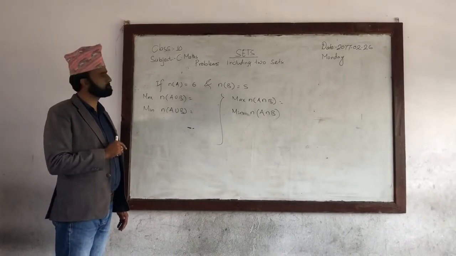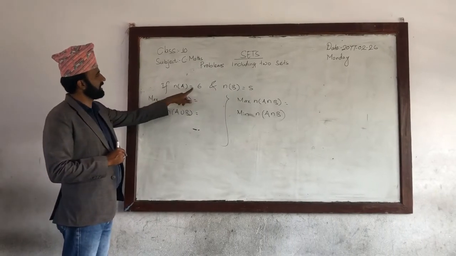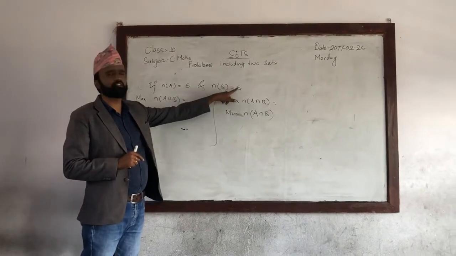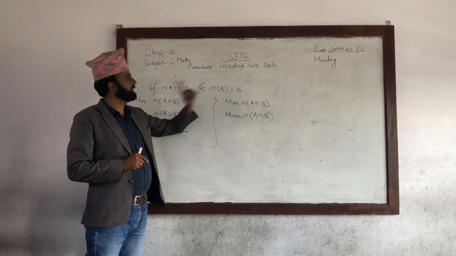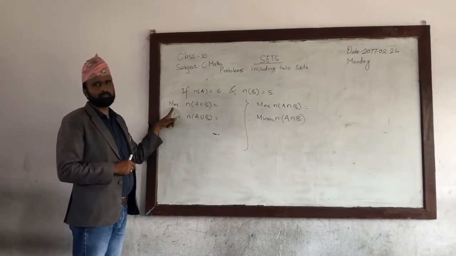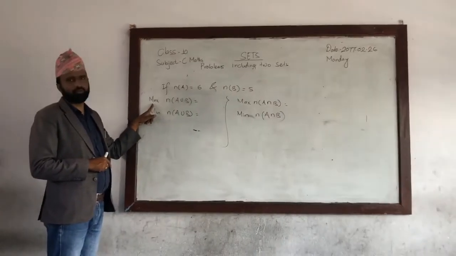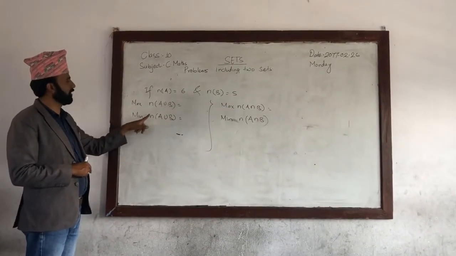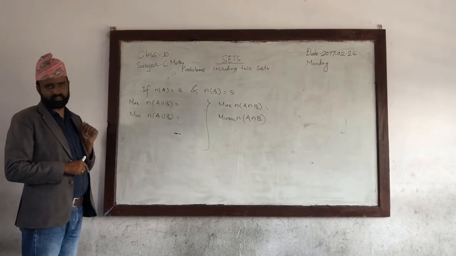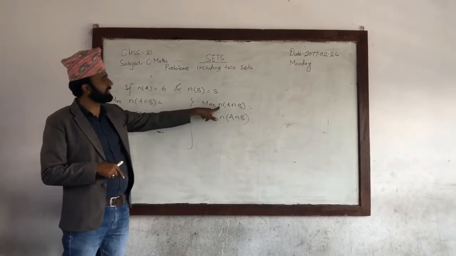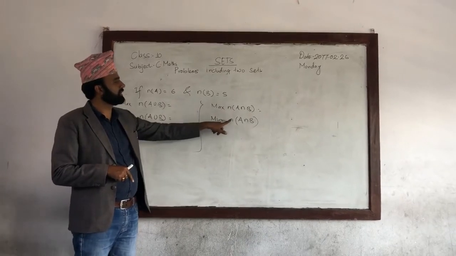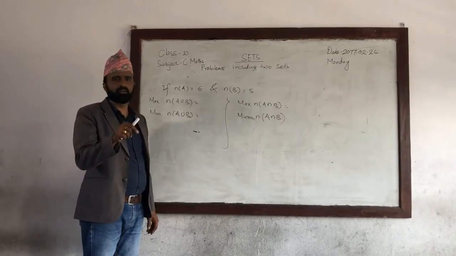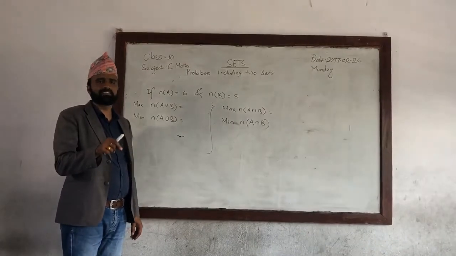If set A contains 6 elements and set B contains 5 elements, what is the maximum value and minimum value of the cardinal number of A union B? Also, the maximum and minimum of n of A intersection B.